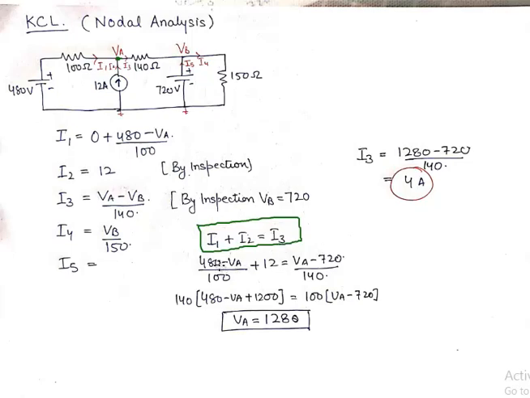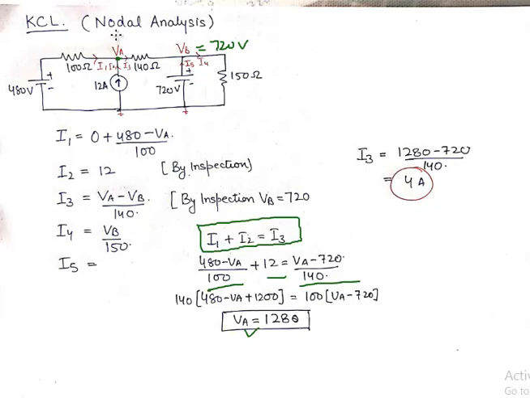I1 is nothing but 480 minus VA upon 100 plus 12, and I3 is VA minus 720 upon 140. Now, as I mentioned earlier, VB is 720 by inspection. So simply solving this equation, I get VA equal to 1280.